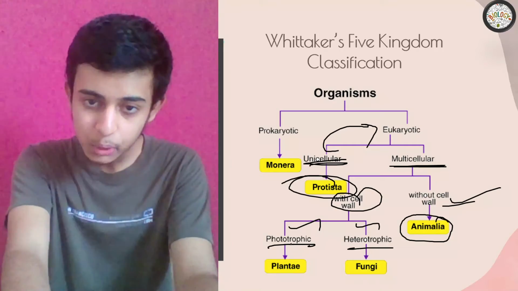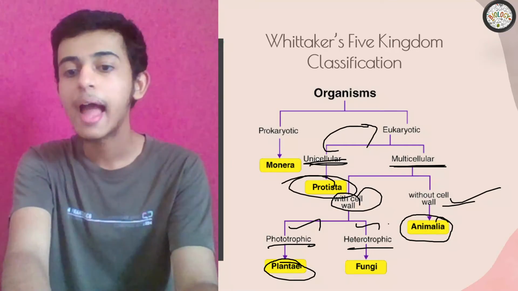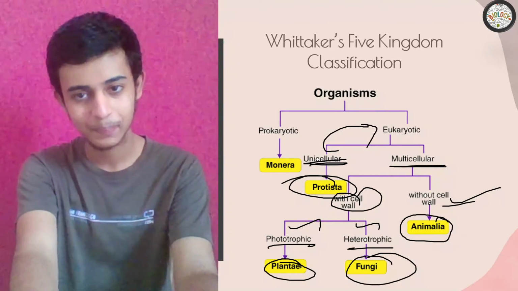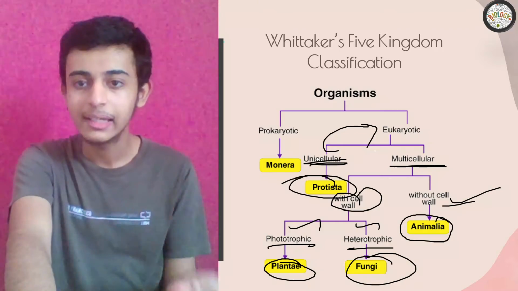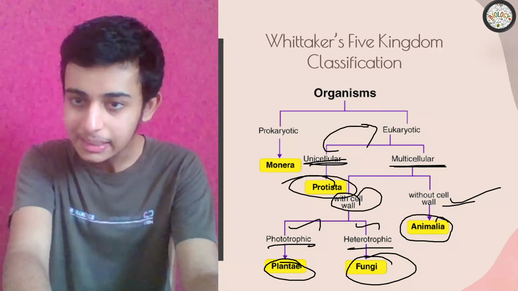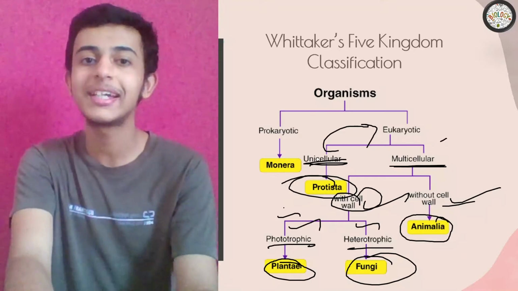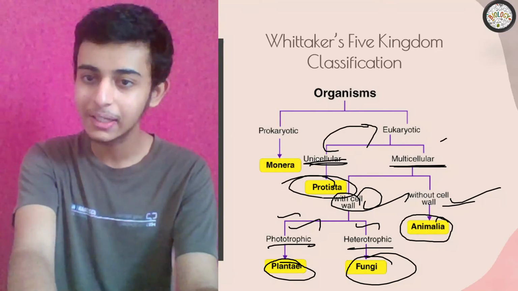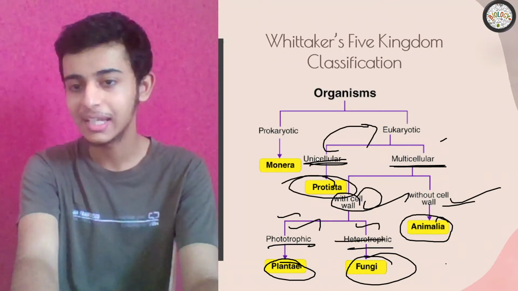If it is able to produce its own food, then we'll group it in the kingdom Plantae. If it is not, then we'll group it under the kingdom Fungi. Okay, so Plantae. What are Plantae? They are eukaryotic multicellular organisms with a cell wall plus phototrophic nature. Whereas fungi are eukaryotic multicellular organisms with a cell wall but are heterotrophic in nature.